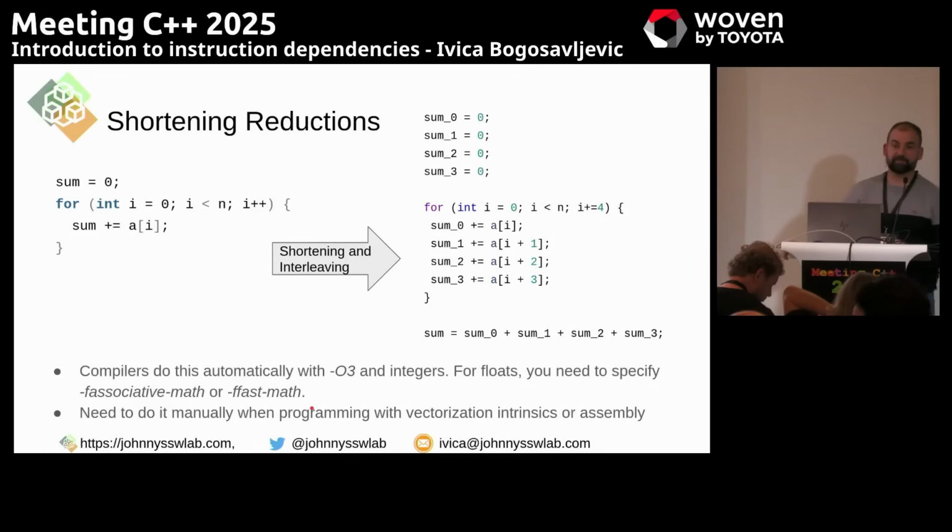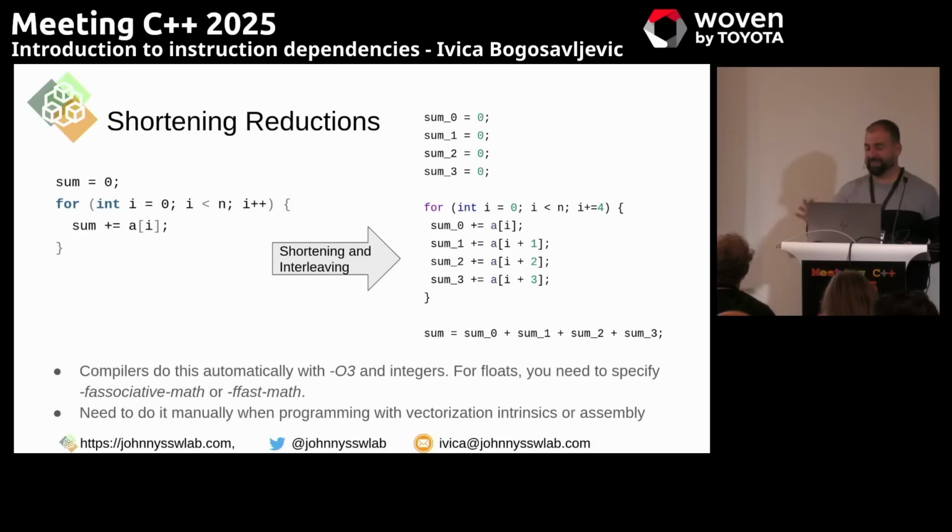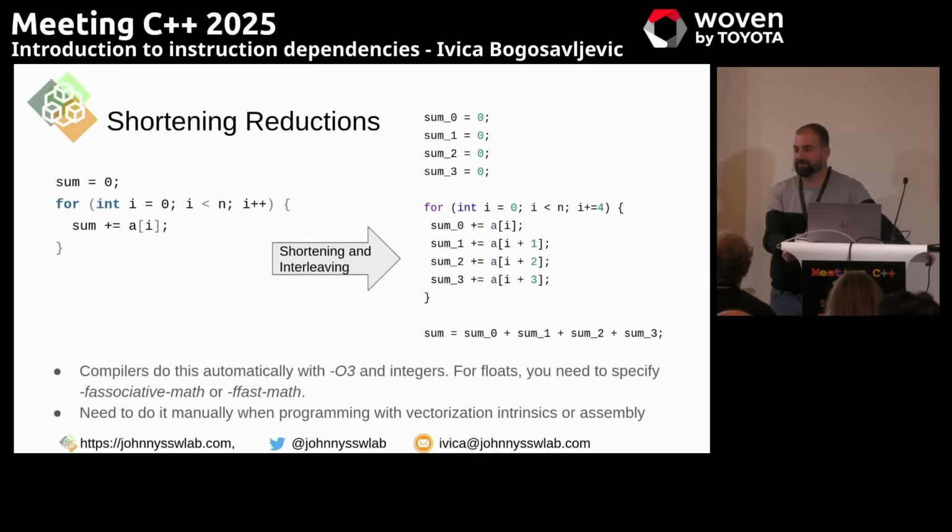Yes? This crashes if your n is not divisible by 4. Yeah. Of course, you need to deal with that one also. There isn't enough place on the slides for that one. Yes? You're mentioning vectorization intrinsics here as well. Can the CPU run vector instructions and regular instructions at the same time?